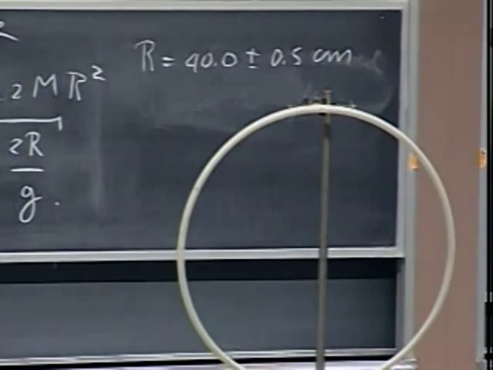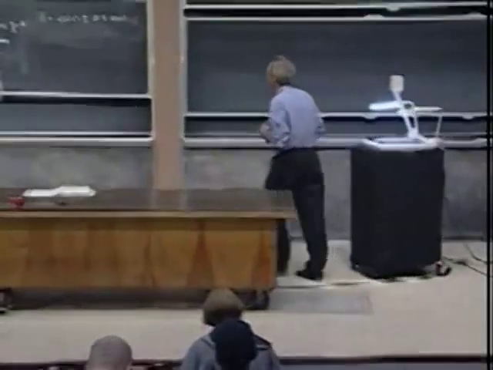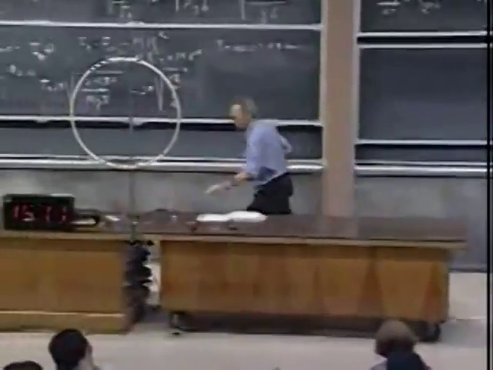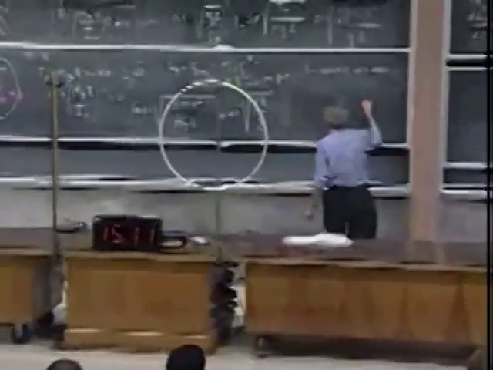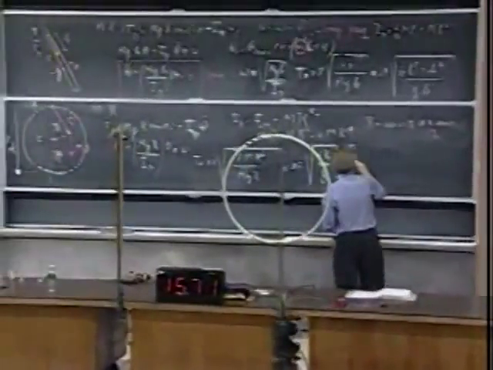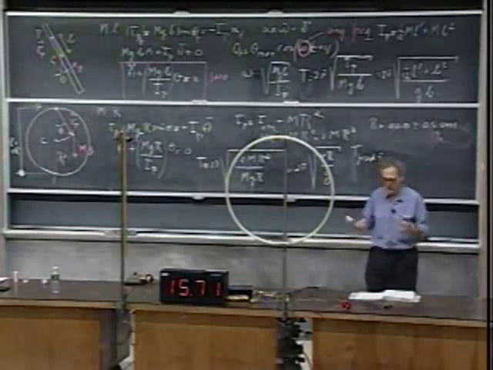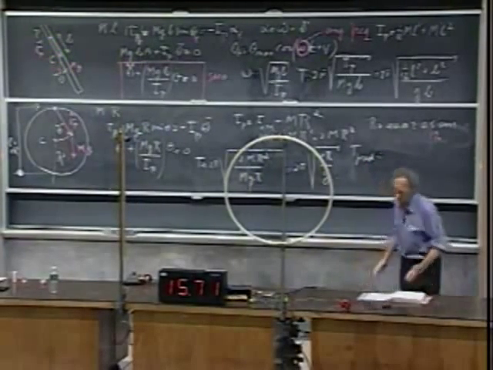I mean, half a centimeter, it's almost yay big. Well, the reason is it's not a perfect circle. So if you measure the diameter at various places, you don't always get the same. And so that's why I allow for half a centimeter uncertainty. So that's a 1% uncertainty in R. Under the square root, that becomes 0.5%. And so the prediction then, if I put in the numbers that we have, is 1.795.